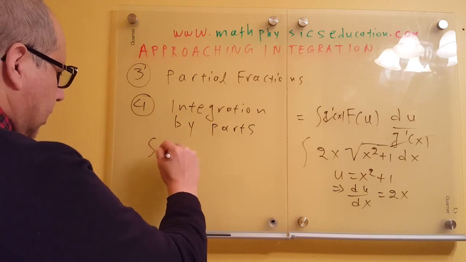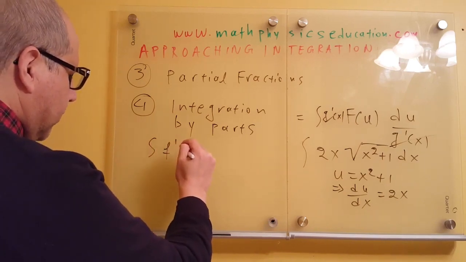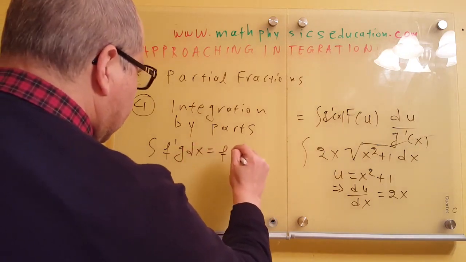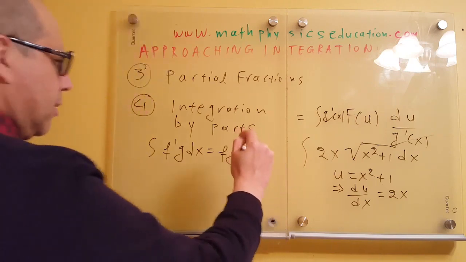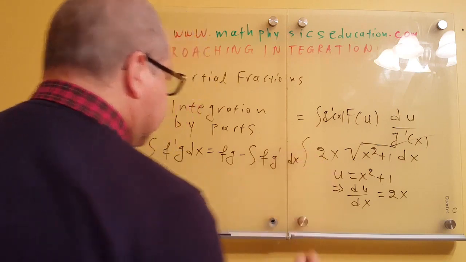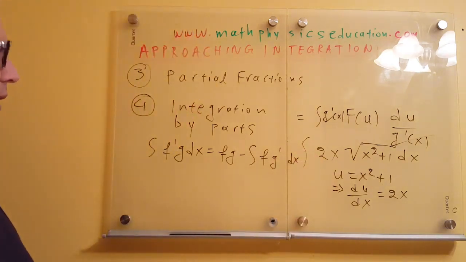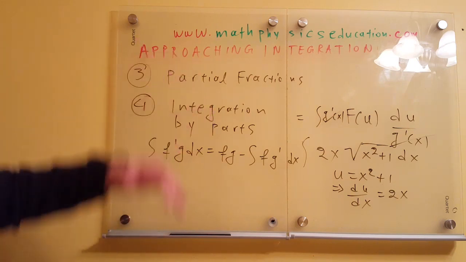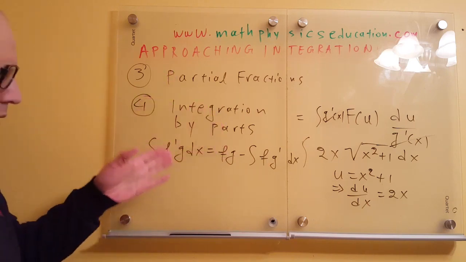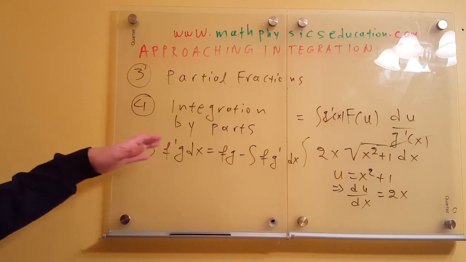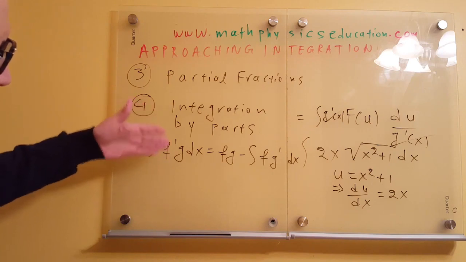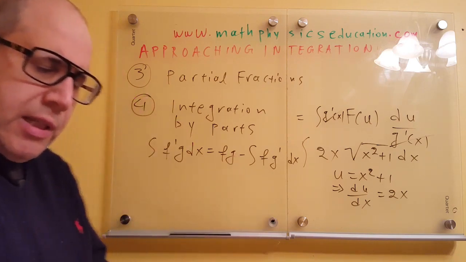We have that the integral of the derivative of a function f times g with respect to x is equal to f g minus the integral of f g prime dx. So that's the integration by parts rule. Some people prefer to use v and u. Me, I stick with f and g. It's the same thing, it doesn't make any difference.